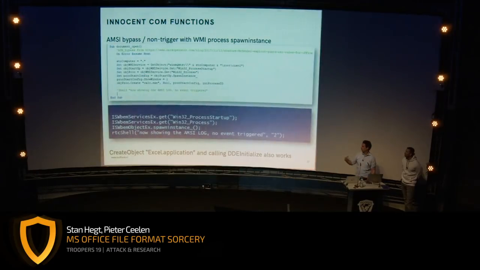The same holds if you say, in Word, let's raise an instance of Excel, and in Excel do a DDE execute, a DDE initialize. It's also blind, so that's another method where MZ will just be bypassed by COM functions which Microsoft has deemed: we will log, but we consider them innocent or non-triggerable events.